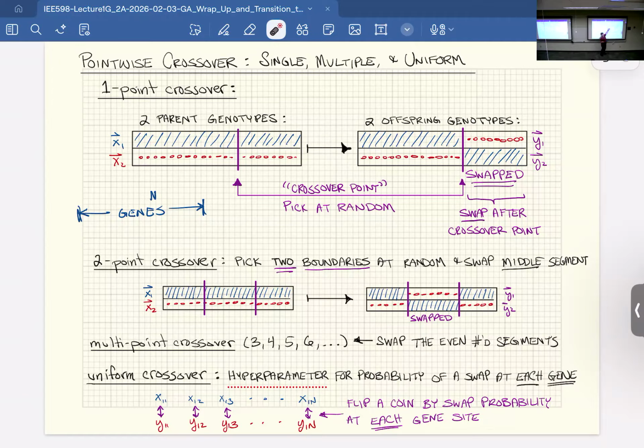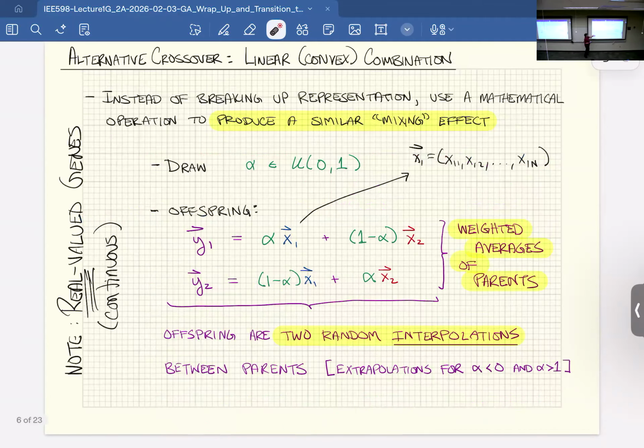So in biology, recombination does not change the alleles. It just changes the shuffling of the alleles. The only way to change the alleles is through mutation. But we as engineers, we can introduce new ways to change the alleles. So this really becomes kind of an adaptive mutation where we are deciding to choose a totally new allele, an allele that is not in the population, based on the alleles we do see in the population.